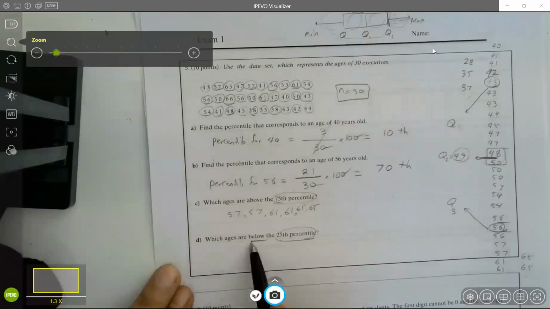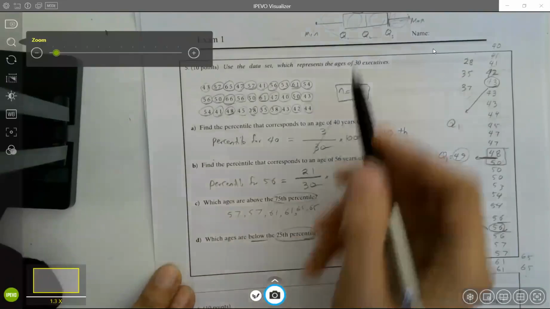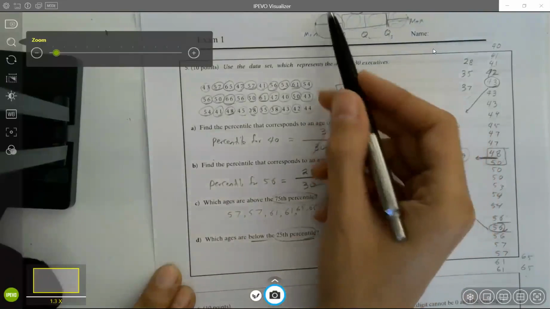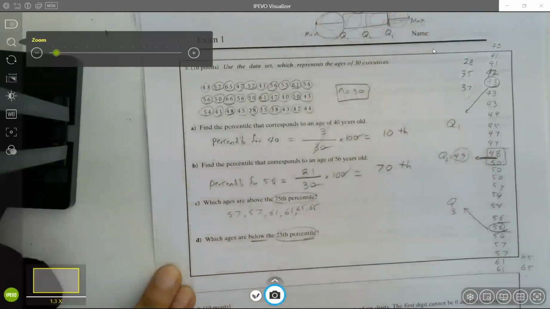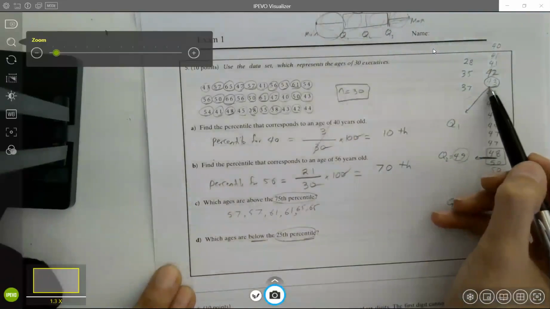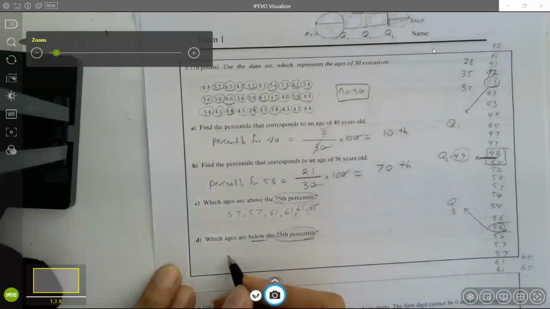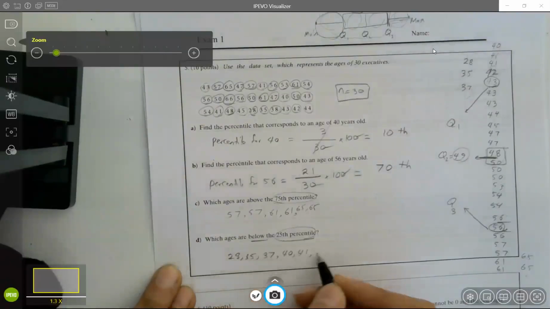What ages are below the 25th percentile? The 25th percentile is going to be here. Less than 43, you get 28, 35, 37, 40, 41, another 41, and 40.